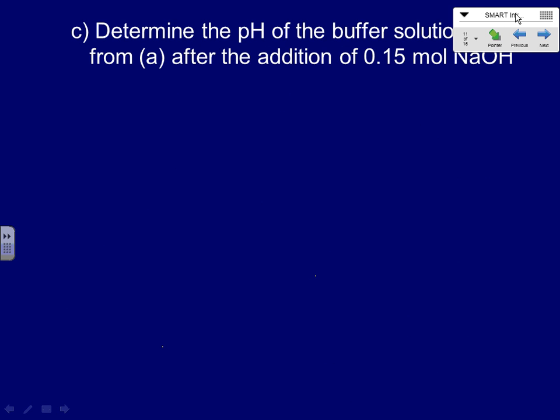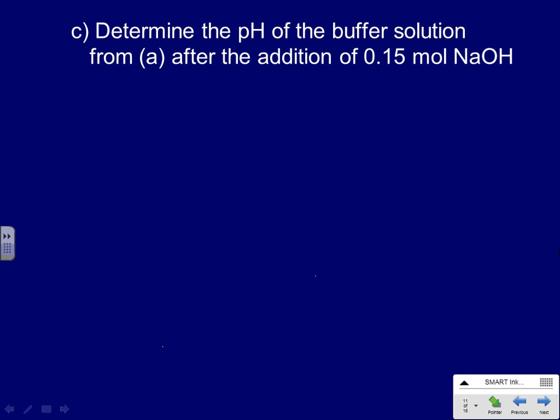Let's now add some base to this one. Same buffer as we had in part A, 0.2. This time we're adding base.